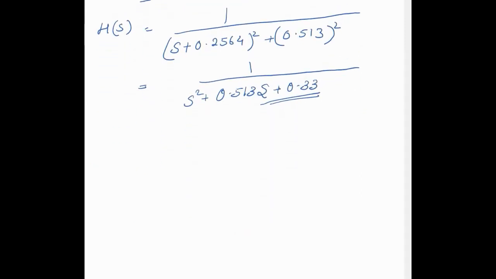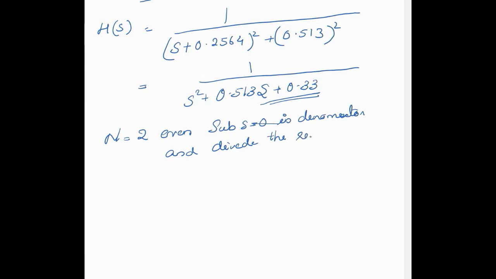To find the numerator, as I told you in the previous class, if n value is even, here n is equal to 2, so even number, substitute s is equal to 0 in the denominator polynomial and divide the result with root of 1 plus epsilon square.